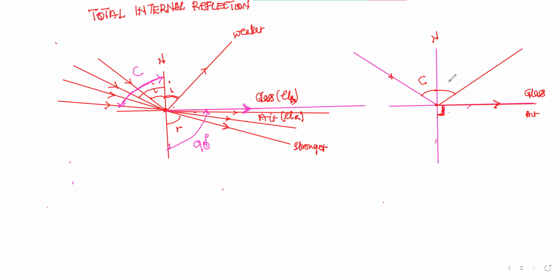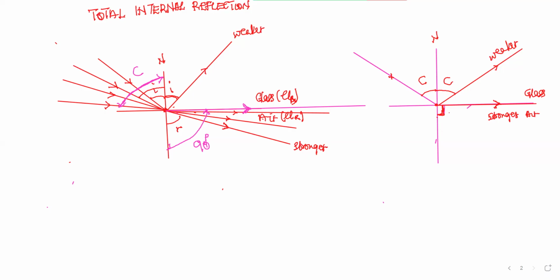So if this is C, this is also C. Now, this is the refracted ray, which is still stronger or brighter in intensity. And this is still the reflected ray, which is weaker in intensity.